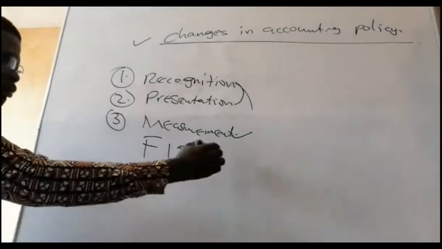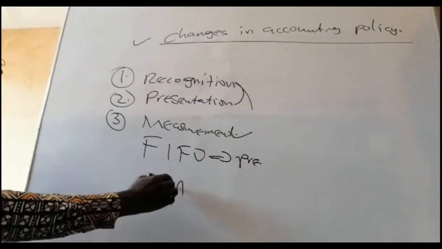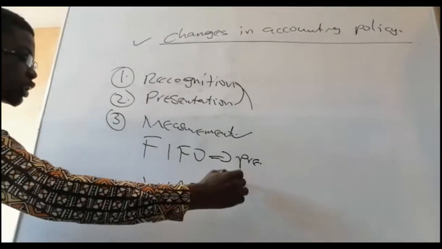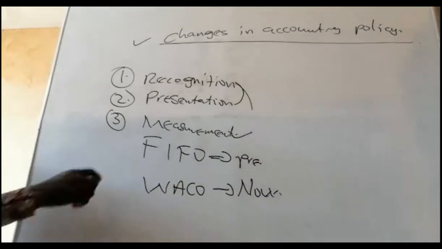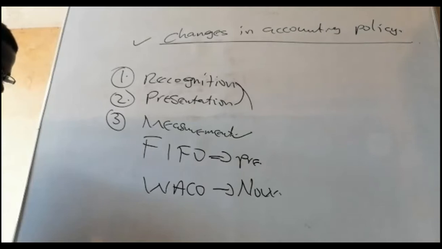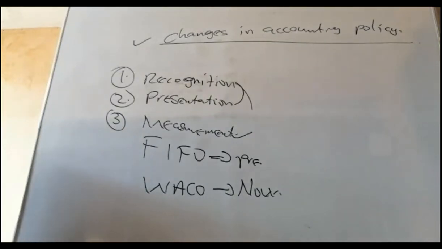That's the previous. But now you want to use the weighted average cost approach. That's now. You change what? An accounting policy, because the measurement basis has been changed. Or you can also move from cost model to what? Revaluation model under IAS 16. But you can also move from cost model to fair value model under IAS 40. So anytime you change the measurement basis, you change what? An accounting policy. So that is it. Good.